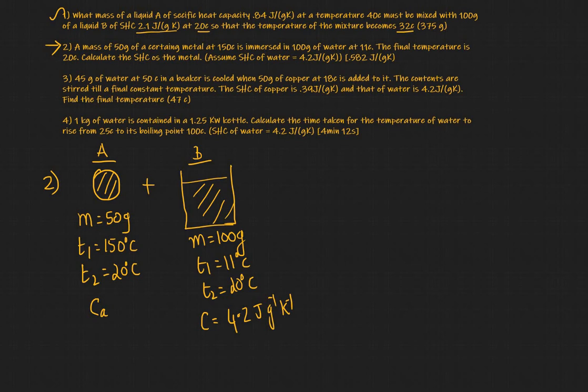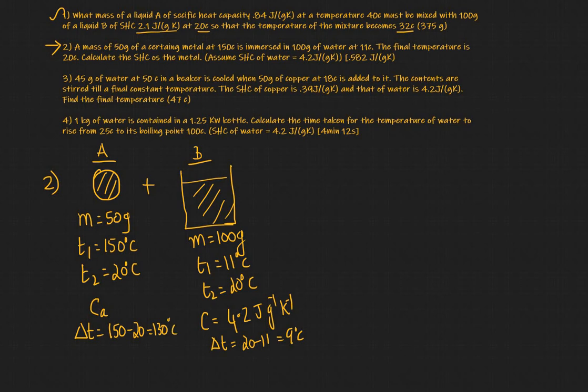We don't know that. All right, now that we have written the given information, let's do a bit more. Here the delta T would be 150 minus 20, that's 130. And here the delta T would be 20 minus 11, that's equal to 9 degrees Celsius.